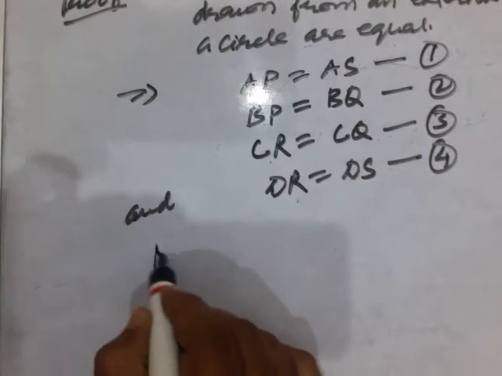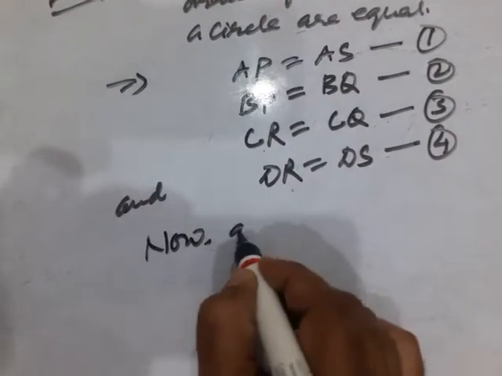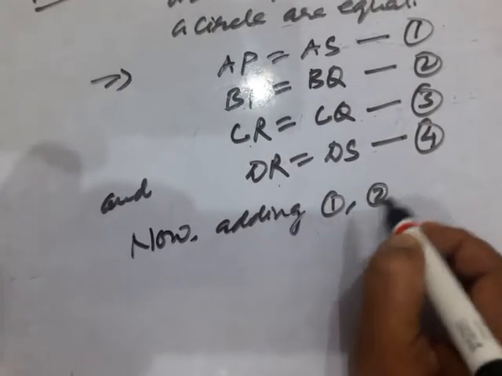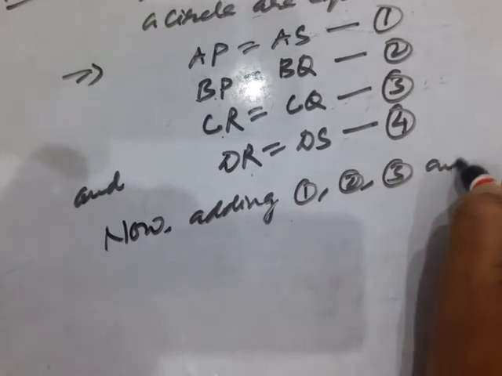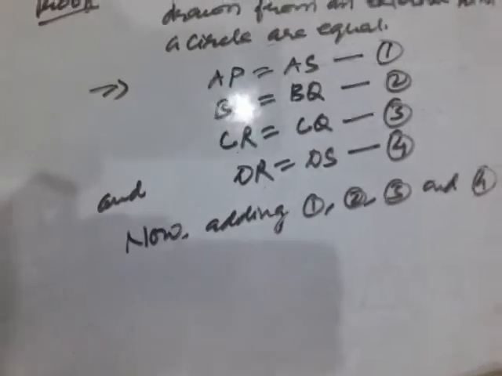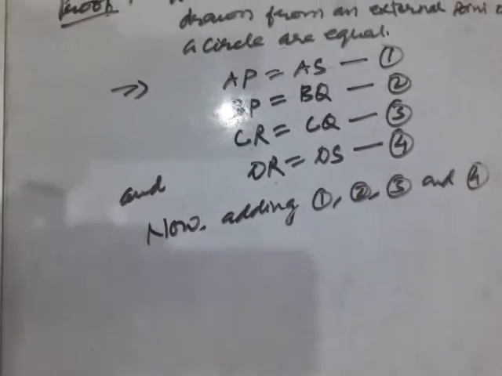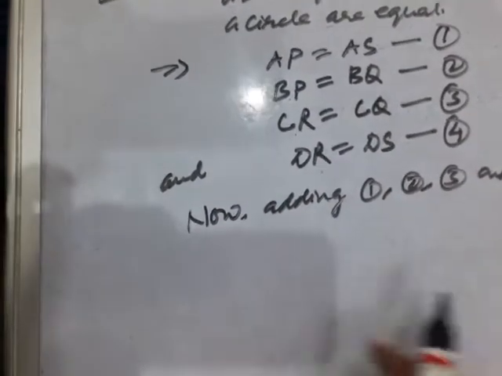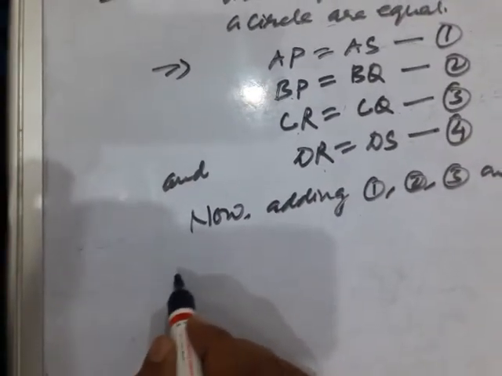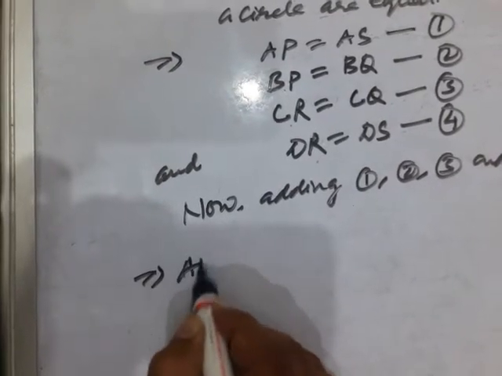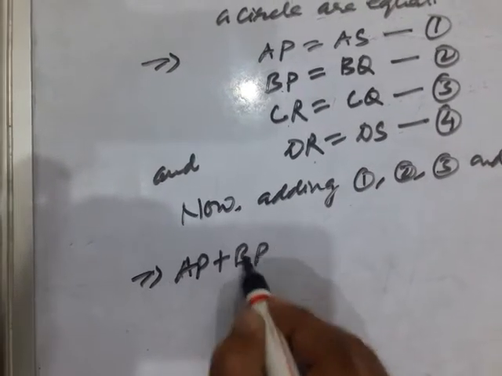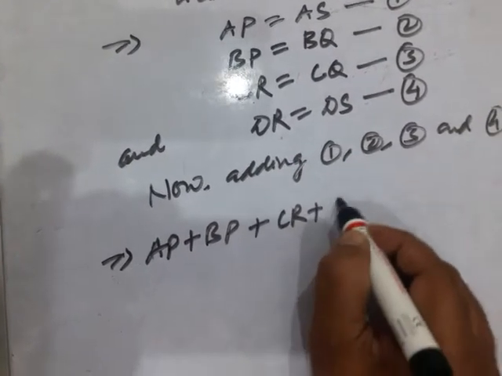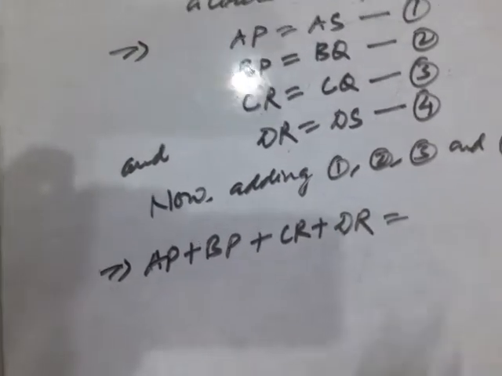Now adding 1, 2, 3 and 4, what do we find? The right hand side will be added to the right hand side and the left hand side to the left hand side. This implies that AP plus BP plus CR plus DR equals what?